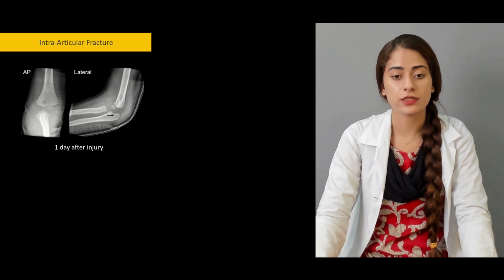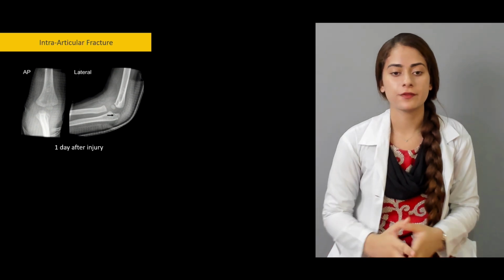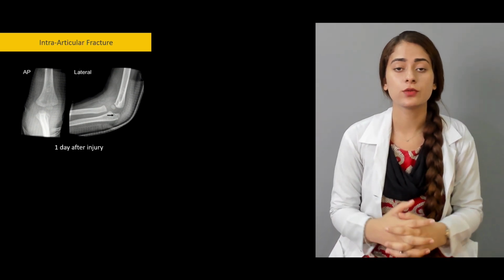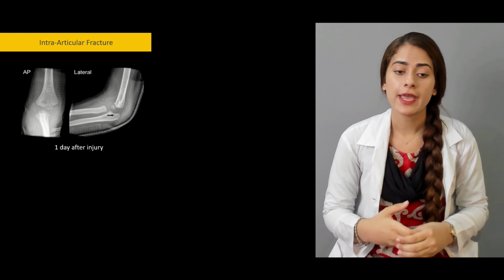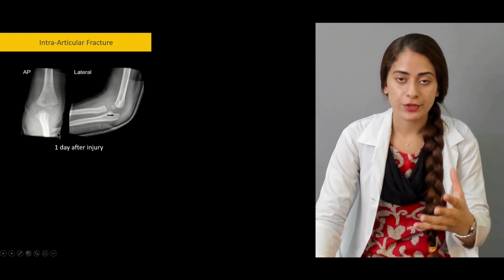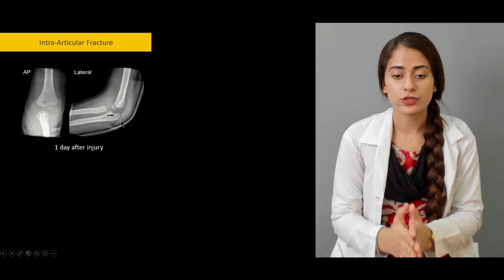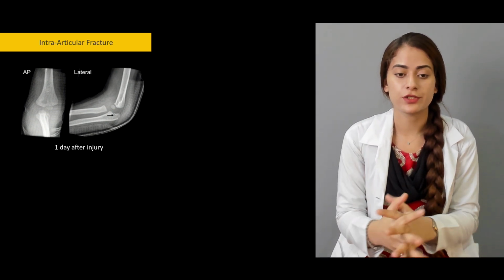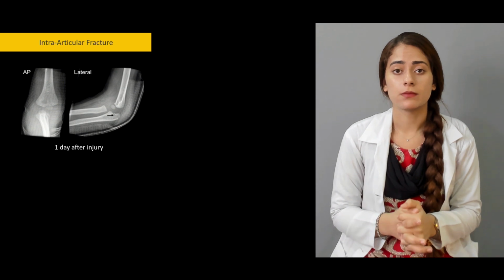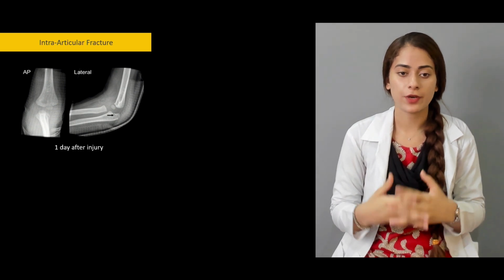This is actually a day 1 injury of a 3-year-old child who fell from the sofa, and the person who looked at this radiograph thought it was just an isolated ulnar fracture, which is very common.